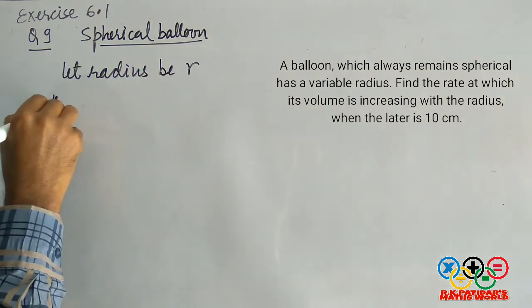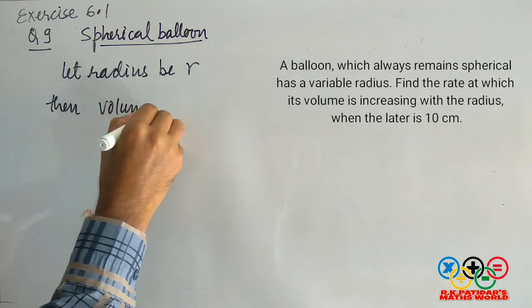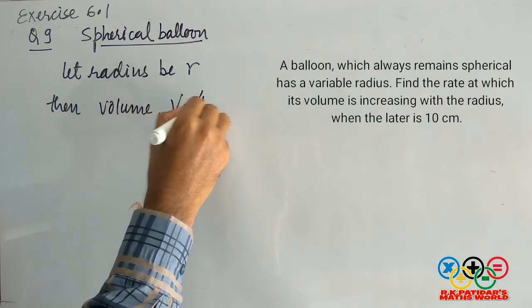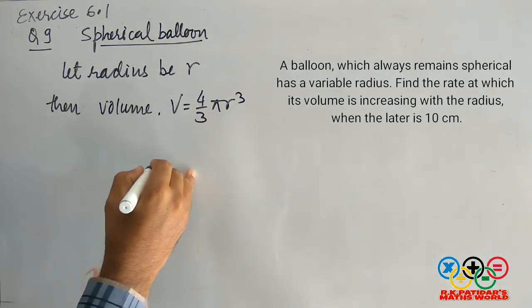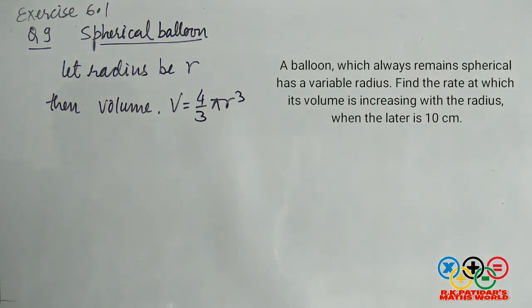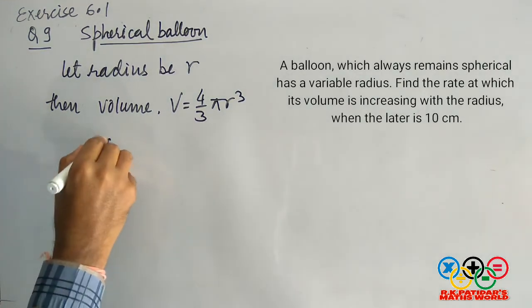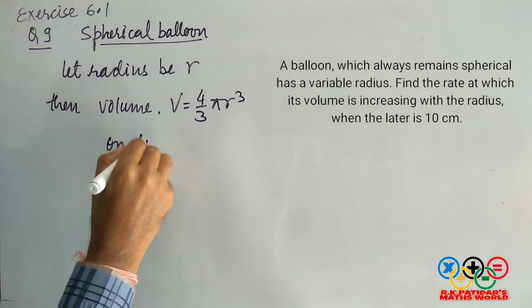be r, then volume V will be 4 by 3 pi r cube. We have to find out the rate of change of volume with respect to radius. So radius के रेस्पेक्ट में चेंज, रेट ऑफ चेंज फाइंड आउट करना है, तो रेडियस के रेस्पेक्ट में हम डिफरेंशिएट करेंगे.